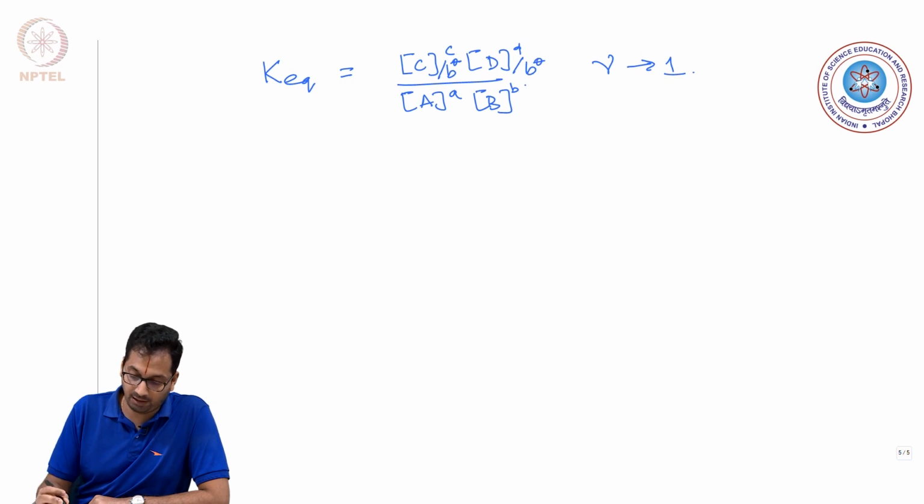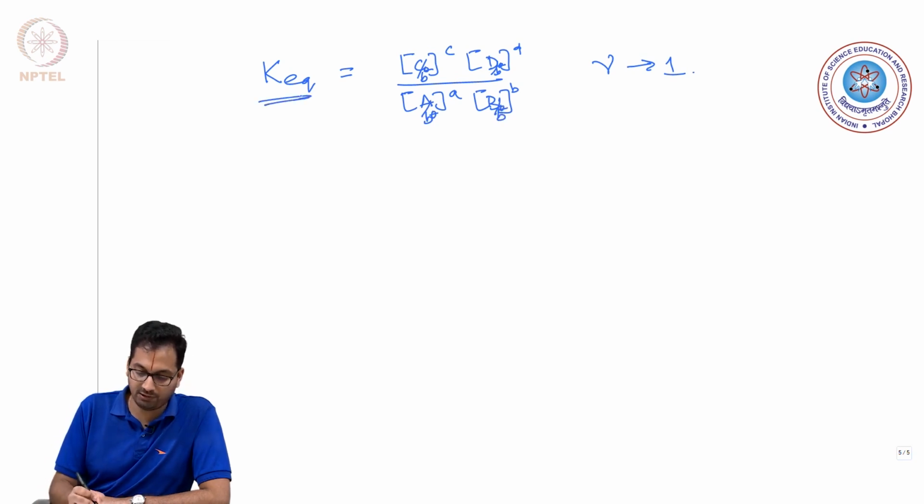So, in each of these cases, the given concentration is referenced to 1 molar or 1 molal. This will ensure that the units of K equilibrium remain unitless.